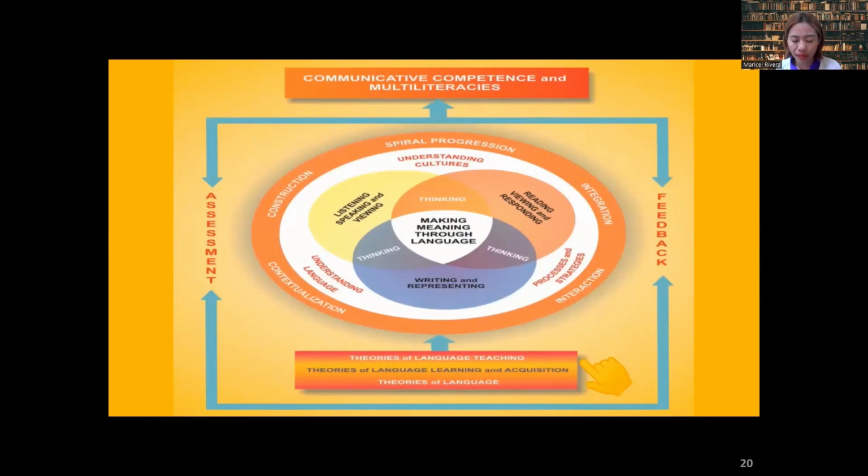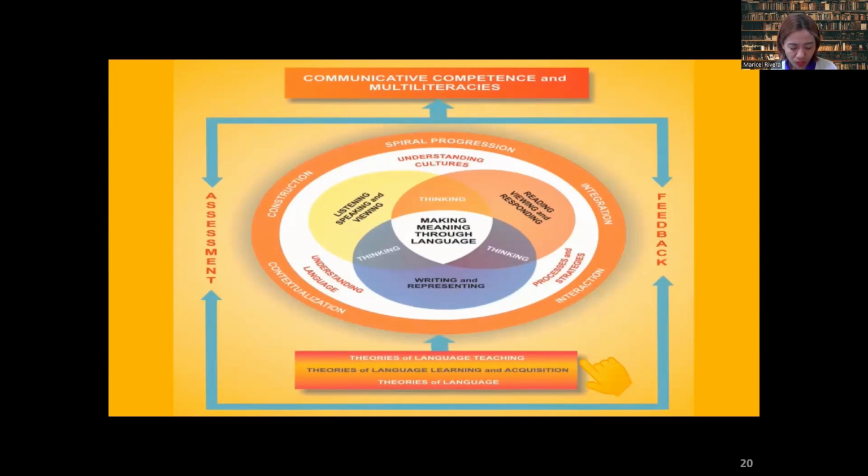You were also able to learn already some of the theories, so it's not anymore new to you, right? It's something that you already had even in your previous lesson. So we do have the second language acquisition theory of Stephen Krashen, Noam Chomsky, also one of the famous theorists.